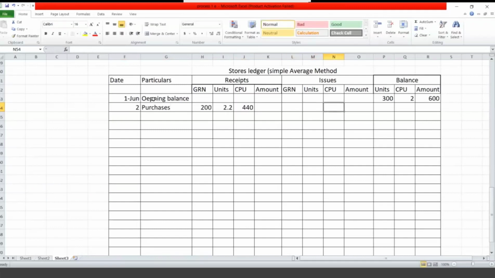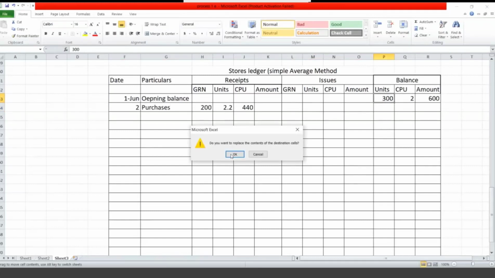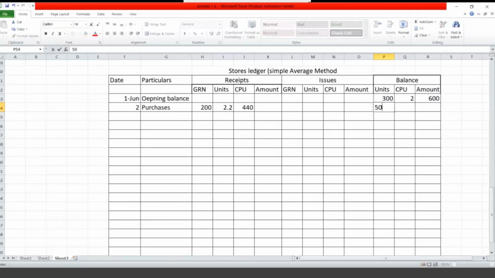Now, what is the total you have? Here you are having 200 units, and the old balance is 300. Right? So total how many units are there? 500 units. And what is the amount?